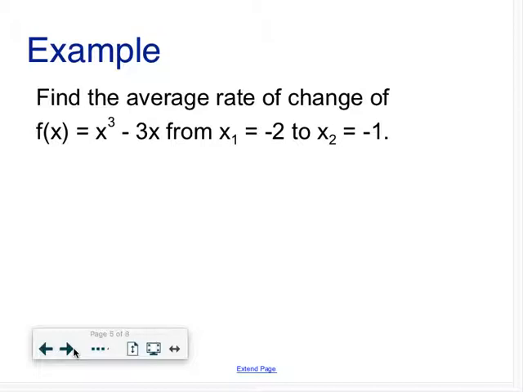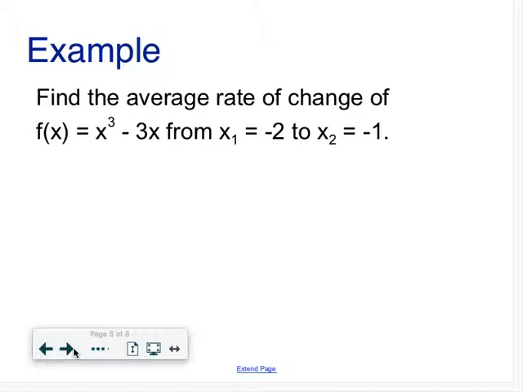And then it's going to request it over a particular interval. Okay, so this is just the interval picked by the textbook or by Ms. Cronky. We could change those x values and find different rates of change along the function. Okay, so we're going to do from x sub 1 equals negative 2 to x sub 2 equals negative 1.